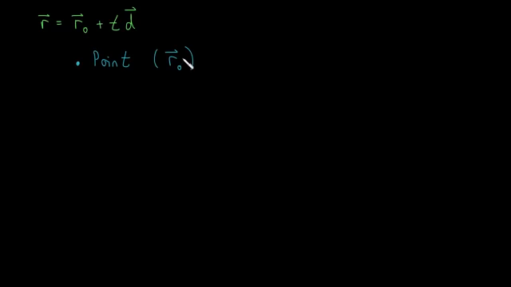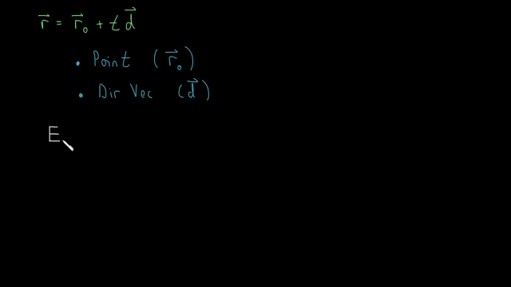So either we know a point or we know a position vector, but either way, what we're going to use is this R naught. If we're given a point, we'll just convert it to the position vector and call it R naught. And we need a direction vector, which I've been calling D for direction. And once we have those 2 pieces of information, we just plug them in to this formula. We plug in for R naught and we plug in for D.